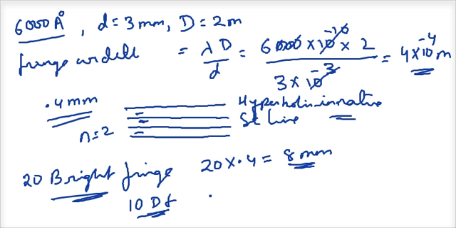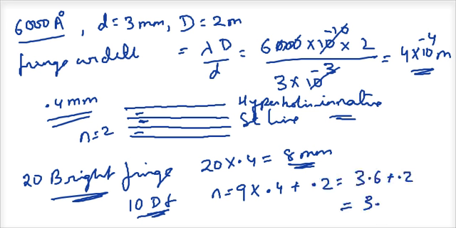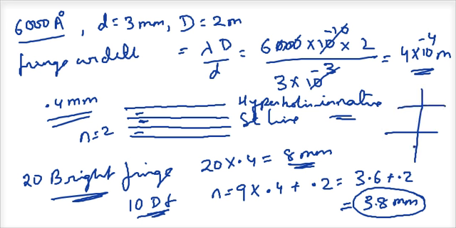So for the 10th dark point, n is equal to 9, and then I have to add half a fringe. So it will be 9 into 0.4 plus 0.2. So that will be 3.6 plus 0.2, that will give you 3.8 millimeters. So 3.8 millimeters from the center of the screen, you will find the 10th dark fringe.